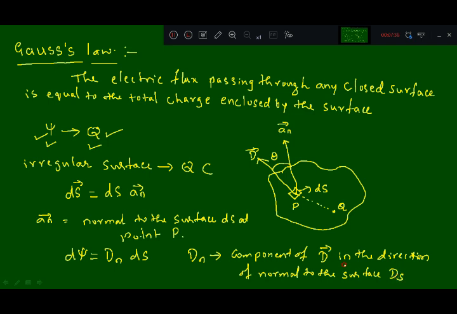The normal component may be coming out or coming in, but we are considering only the coming out part.